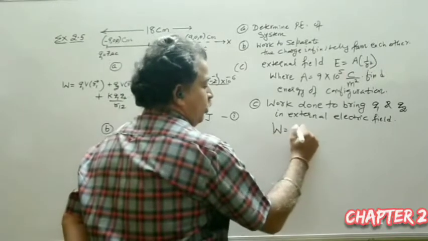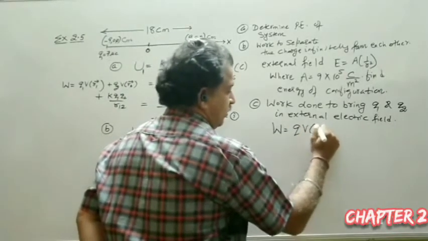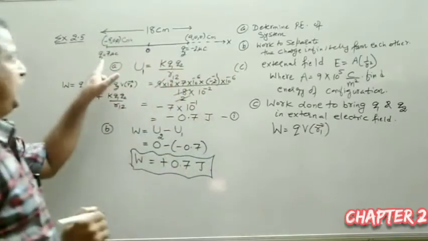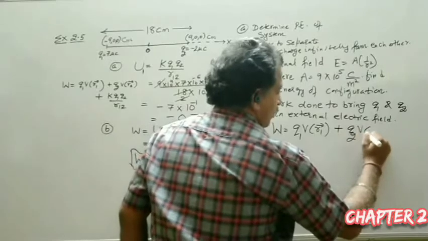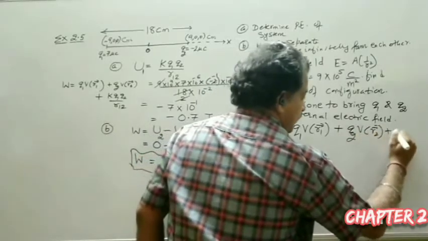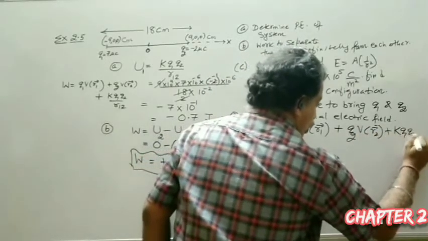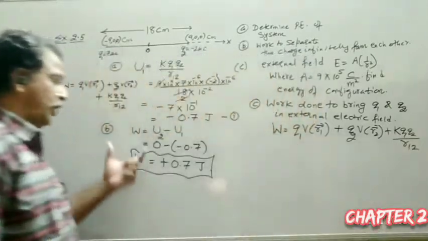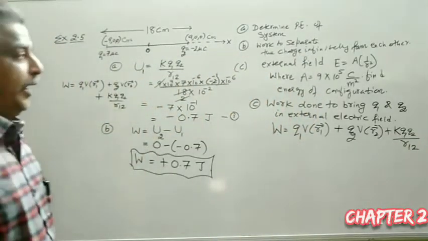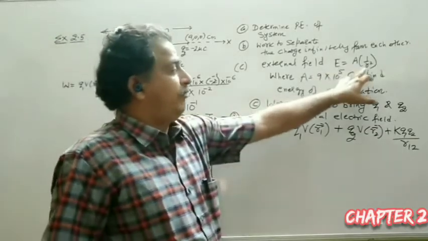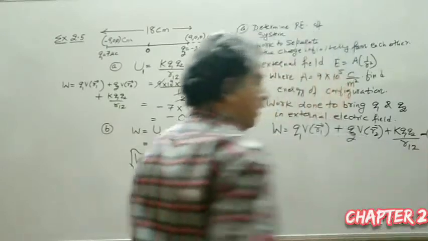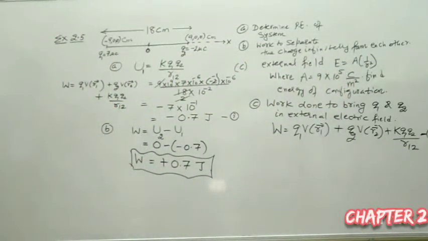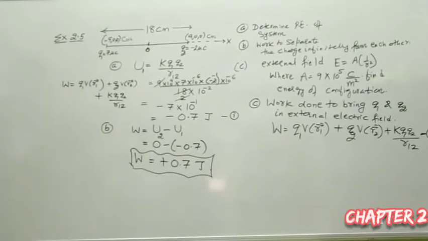W will be equal to Q1 VR1, so this charge we are bringing, so let this be Q1, plus Q2 VR2, plus K Q1 Q2 upon R12, that we have already found here. As well, the electric field is a function of 1 upon R square. Now let this equation be equation number 2. So we will see how to find out the first and the second term of equation 2.